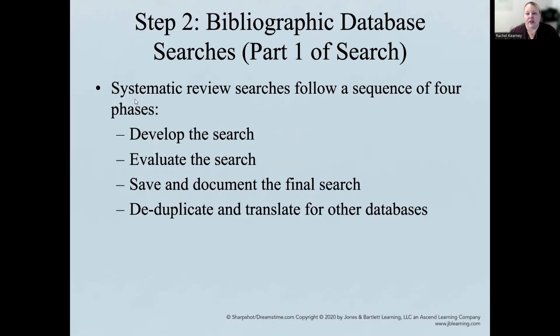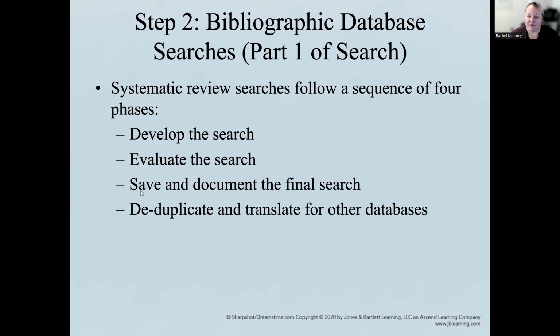So in a systematic review, if you're searching for children, screen time, and obesity, you are going to develop the search. Then you're going to evaluate the search. Did I get the right outcomes that I wanted? Are these the right terms I should be using? And you may have to go back and change after you evaluate the search.